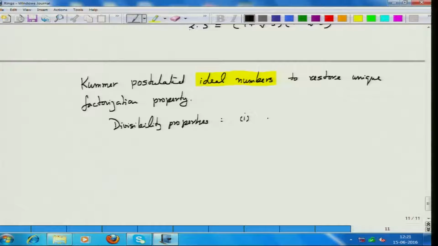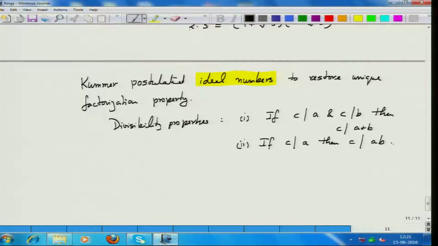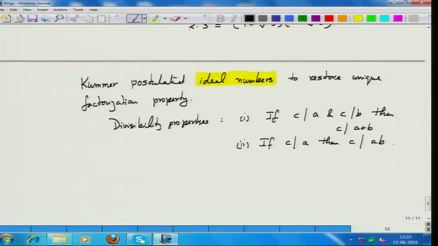First one, that if C divides A and C divides B, then C divides A plus B. And second, if C divides A, then C divides AB for any B. And so he said that these are the ideal numbers which divide the real numbers, the numbers we start with, and their division satisfies these properties.